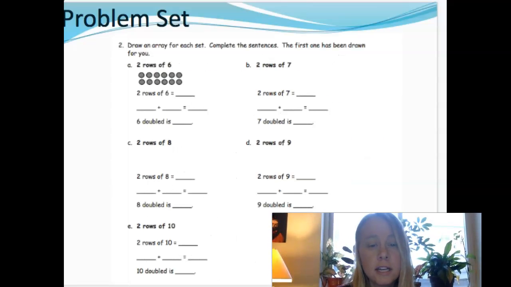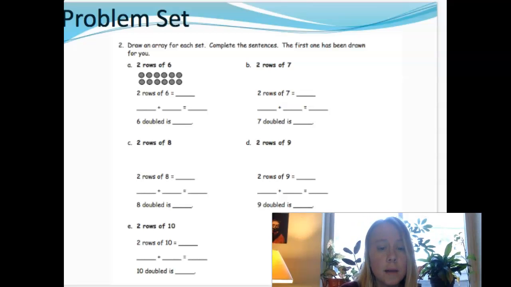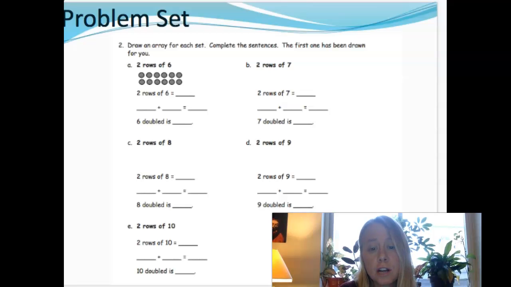The second part is a little more challenging, but I don't think it'll be an issue for you guys. In this part, you're drawing an array for what it asks you to draw. So for example, the first one was done for you. It says 2 rows of 6. So they made an array with 2 rows of 6. And then below you would need to tell me what that is.